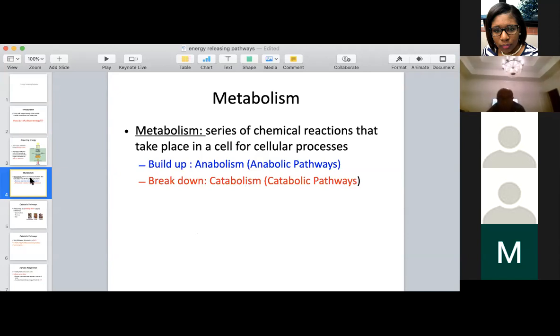Collectively, we refer to all of the processes that take place in our bodies and all of the chemical reactions. We know that our bodies are constantly undergoing chemical reactions all day long, and cellular respiration is one of those. So we use the term metabolism to refer to the series of chemical reactions that take place in a cell. So all of the activity, all of the chemical reactions that are going on in our bodies are collectively referred to as metabolism.